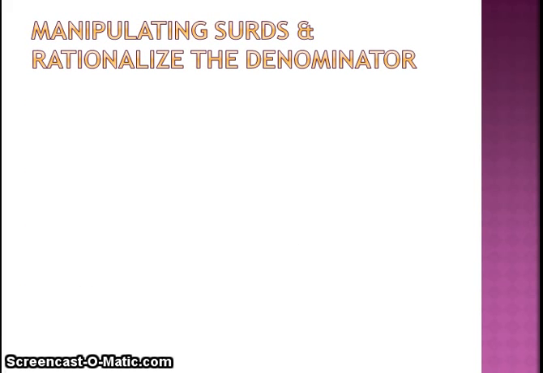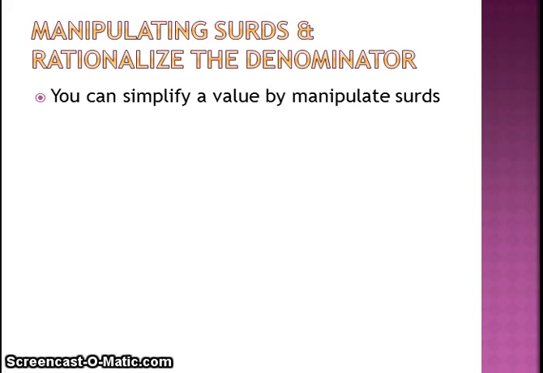Now we follow by manipulating surds and rationalizing the denominator. In A levels, most of the time you are required to write in exact form. Hence, you will need to know how to manipulate surds to find the simplest value and rationalize the denominator to find the exact answer.